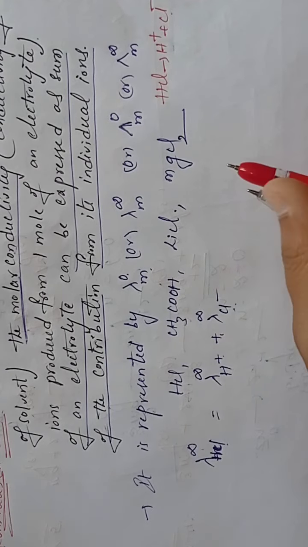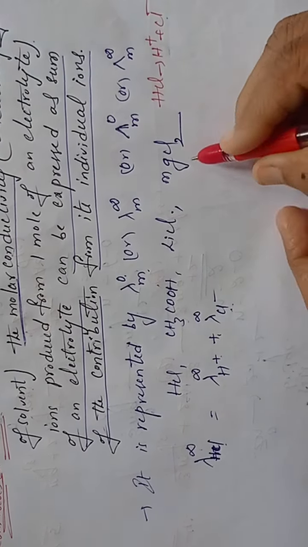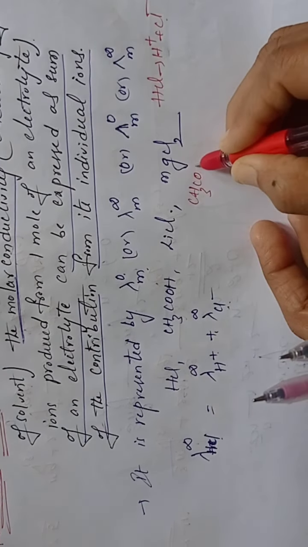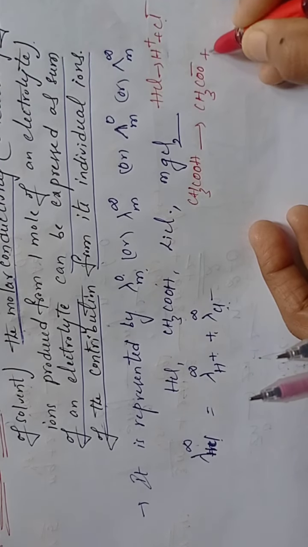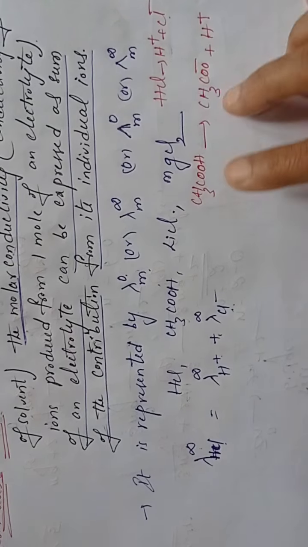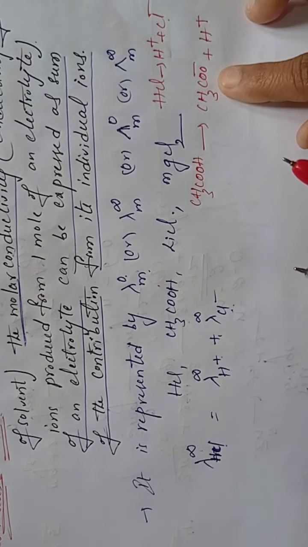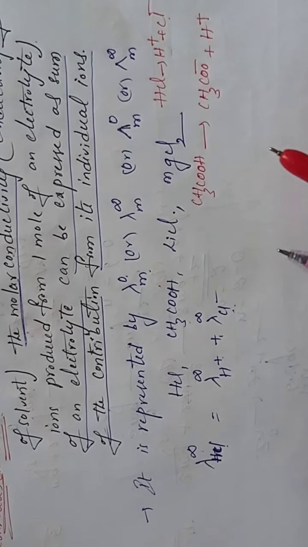If suppose I am taking acetic acid, CH3COOH, how is it dissociated, students? CH3COO minus plus H plus, it dissociates into 2 ions, the acetate ion and the hydrogen ion. Now see, students, how to write this.